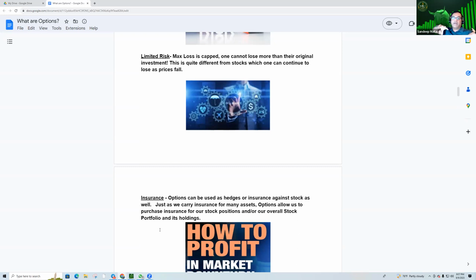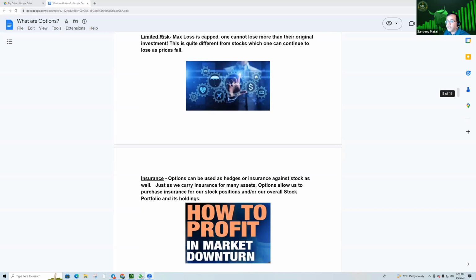So we buy options also as insurance or hedges against our stock portfolio, the whole portfolio or parts of it or whatever we want. You could choose stocks to do it on, or you could choose the whole portfolio. That's the good part, that you can do it on different things. So options can be used for insurance.